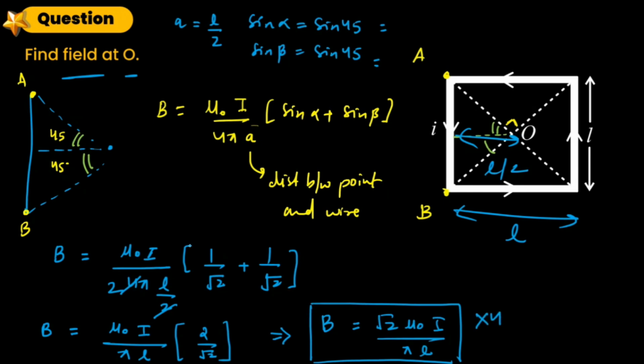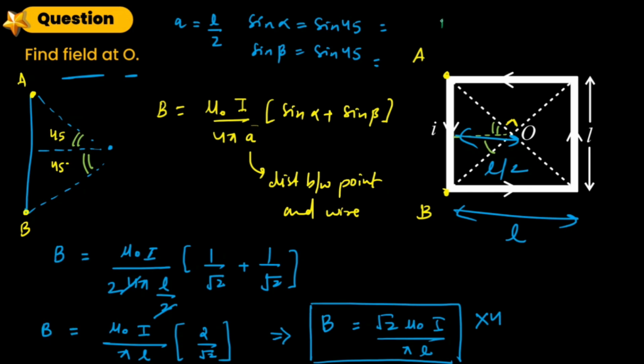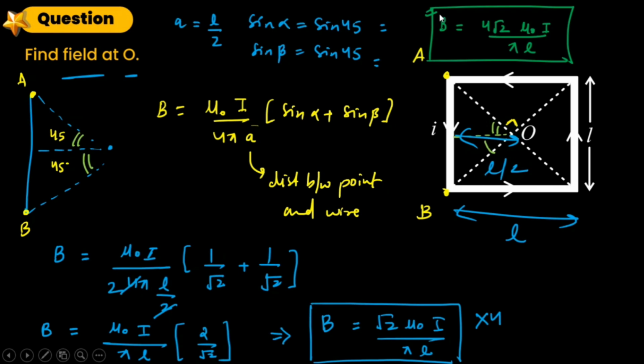So the answer is going to be 4 root 2 mu naught I by pi L. That is the answer for this situation. Clear? Is this question clear?